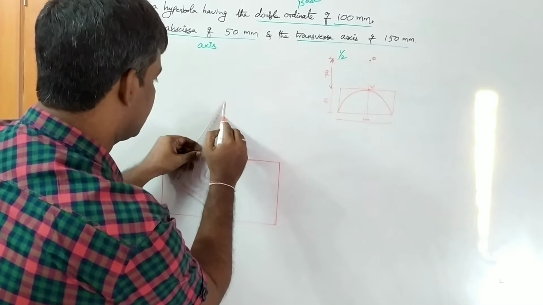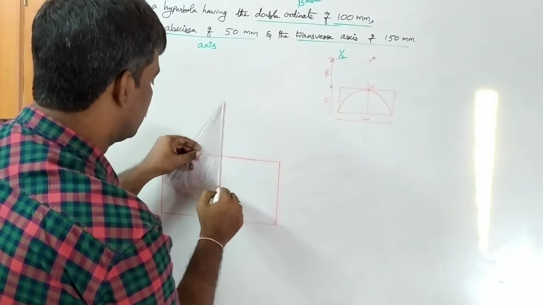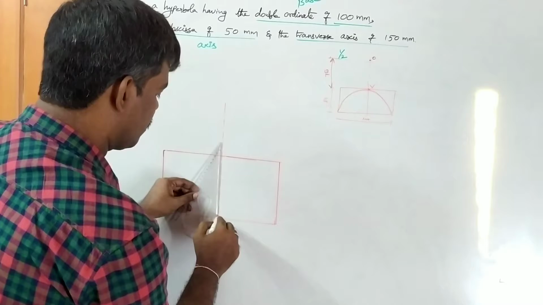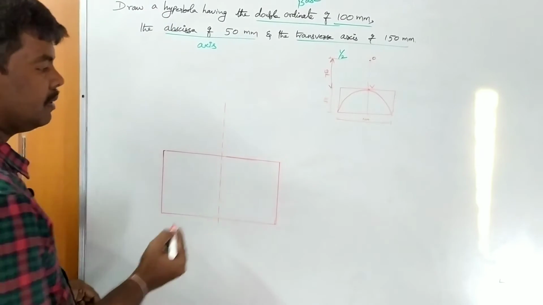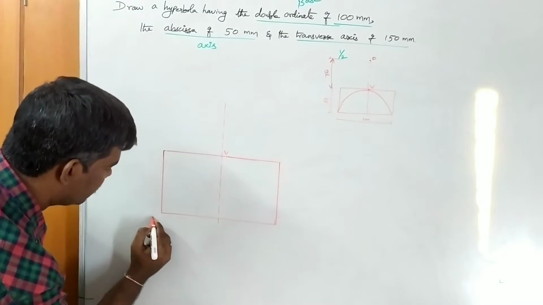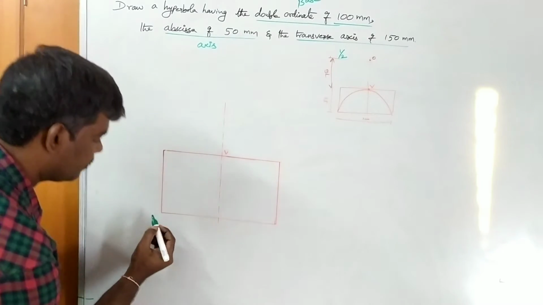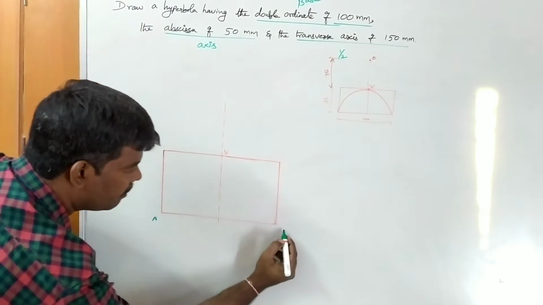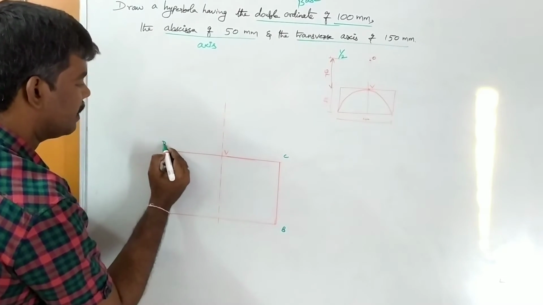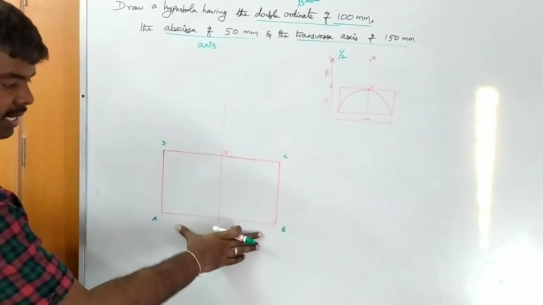So it is the axis. Clear? So this point, let us consider it is vertex V, and let us consider the rectangle box as A, B, C and D.